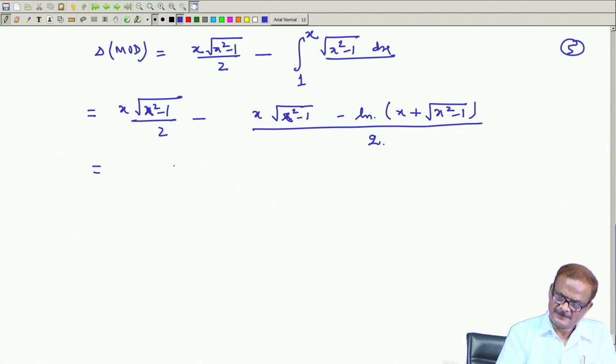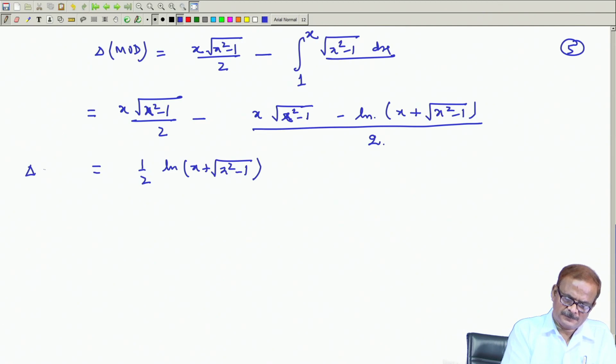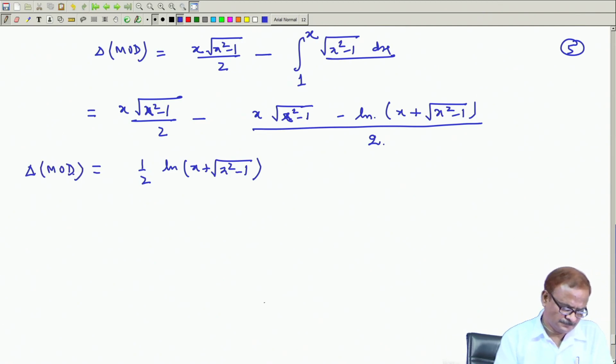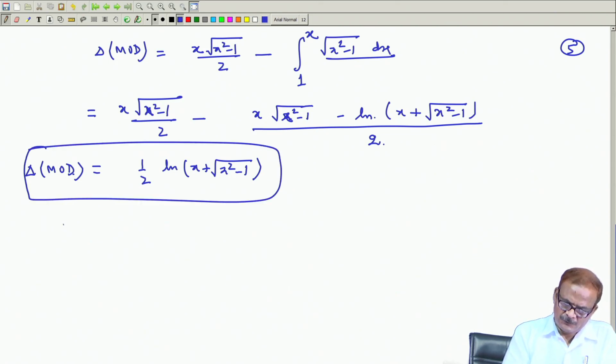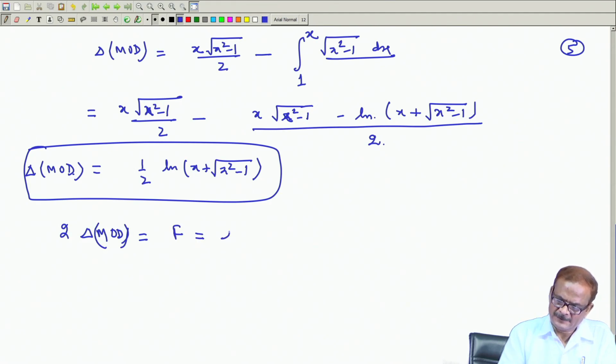And once we rearrange it, we get it as 1 by 2 ln of x plus square root of x square minus 1. So this is the area, and twice the area delta MOD, this we are defining as F. So, F becomes equal to ln of x plus square root of x square minus 1.